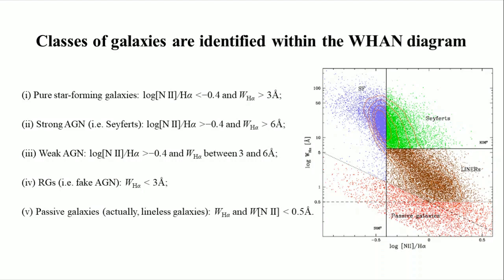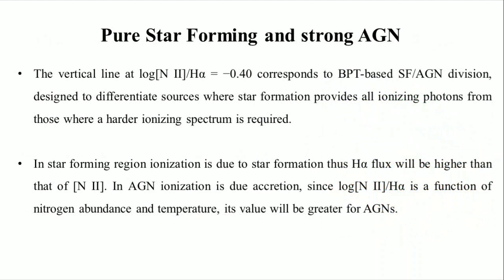In star forming regions, the H alpha emission is due to photoionization by OB type stars. The OB type stars photoionize the interstellar medium, ionizing the hydrogen, and this is the H alpha emission we pick up. This is not the same in the case of AGN.